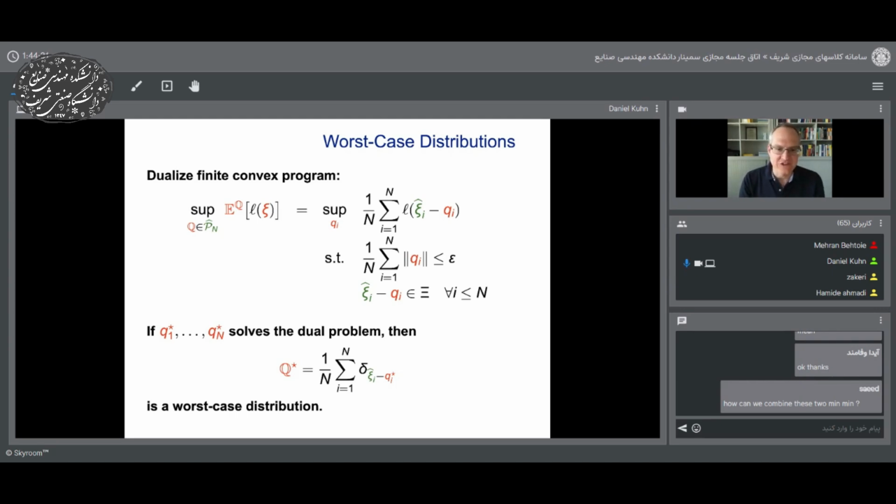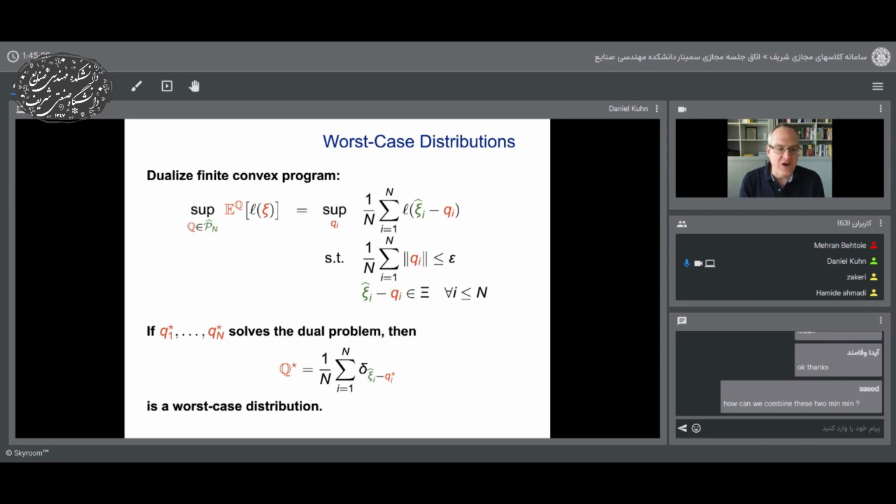So what this actually tells us is that we could have restricted attention to only discrete distributions, or perturbed empirical distributions, in the Wasserstein ball without changing the optimal value. And that is surprising. That means the worst case must be attained by a discrete distribution. In fact, I can solve the maximization problem on this slide. Let's say the optimal solution is q_1 star up to q_n star.